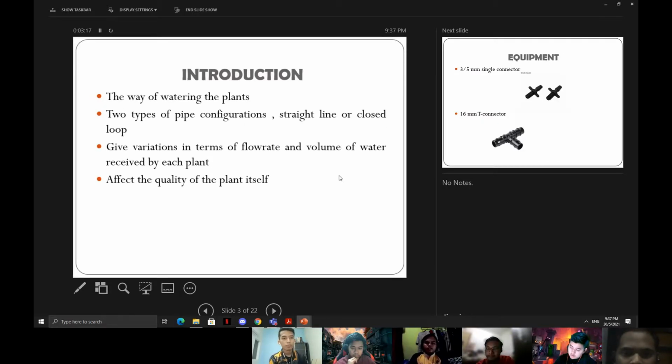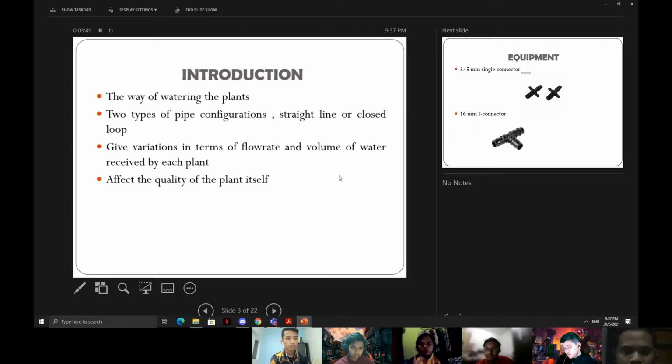The introduction to our project is that we need to find a way of watering the plants. As I mentioned before, we have two types of pipe configuration: the first is straight line and the second is closed loop. The two configurations give variation in flow rate and the volume of water received by each plant.